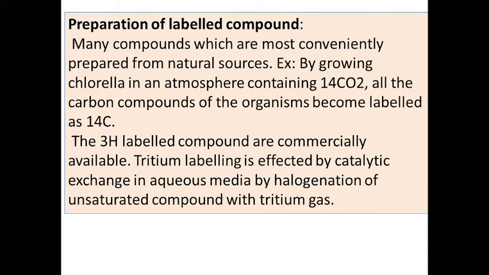Certain amino acids by hydrolysis of proteins are produced by growing chlorella in an atmosphere containing 14CO2. So if the atmosphere contains 14CO2 and the chlorella is growing in that atmosphere, then certain amino acids are produced by hydrolysis of protein.